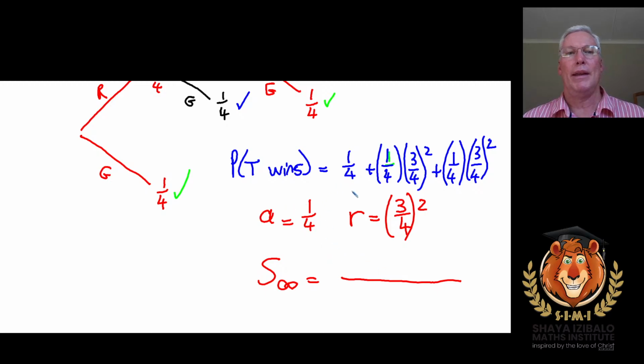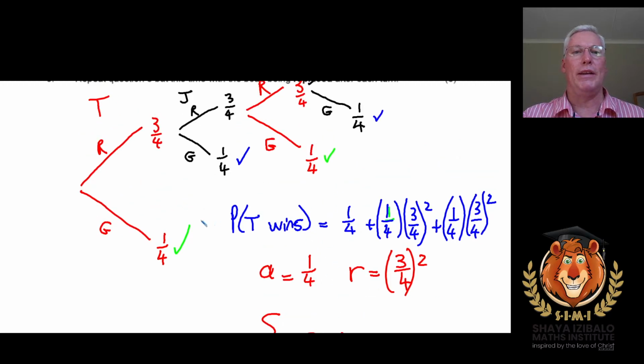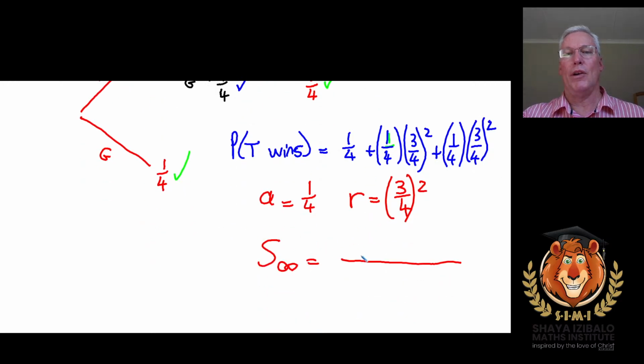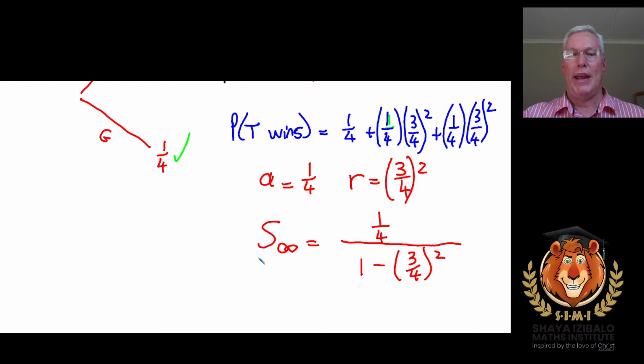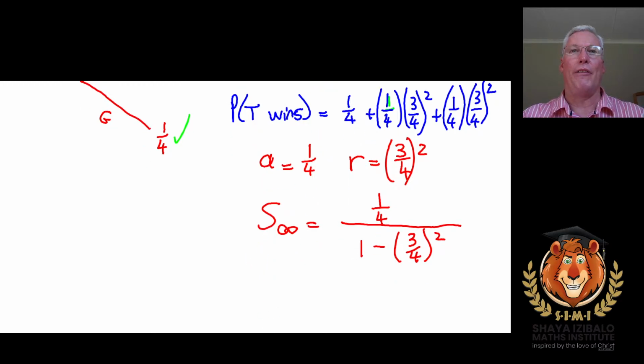But I'm pretty sure A is a quarter. Yeah. So A is a quarter. So in fact, the probability is going to be a quarter, that's A, over 1 minus 3/4 squared. Okay, and in fact, I think this answer is correct because I think it's going to come out to slightly more than 50%.